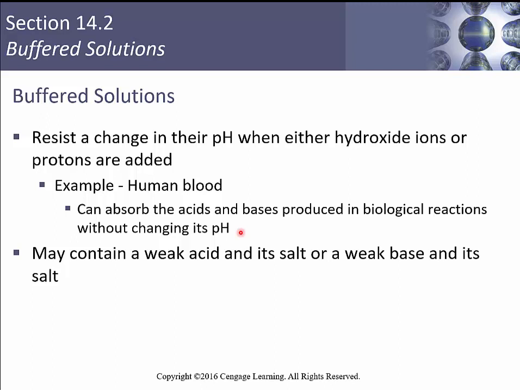It may contain a weak acid and its salt, or a weak base and its salt. Really, a buffer is when you have significant amounts of a conjugate weak acid and its conjugate weak base.